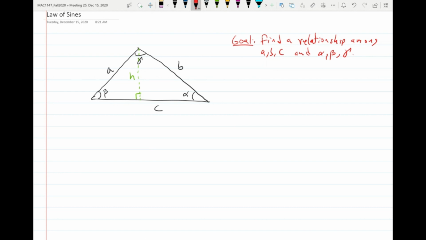So we can somehow relate beta and alpha in the following way. Using the first triangle, we see that sine of beta equals H over A, okay? So that means that H is going to be equal to A times sine of beta. But then using the second triangle, we get that sine of alpha equals H over B. So then we get that H is going to be equal to B times sine of alpha.